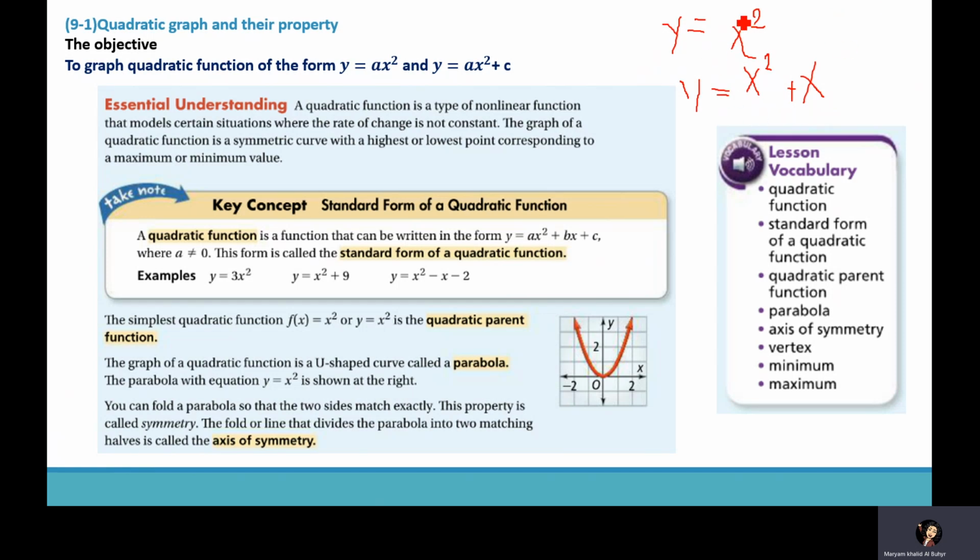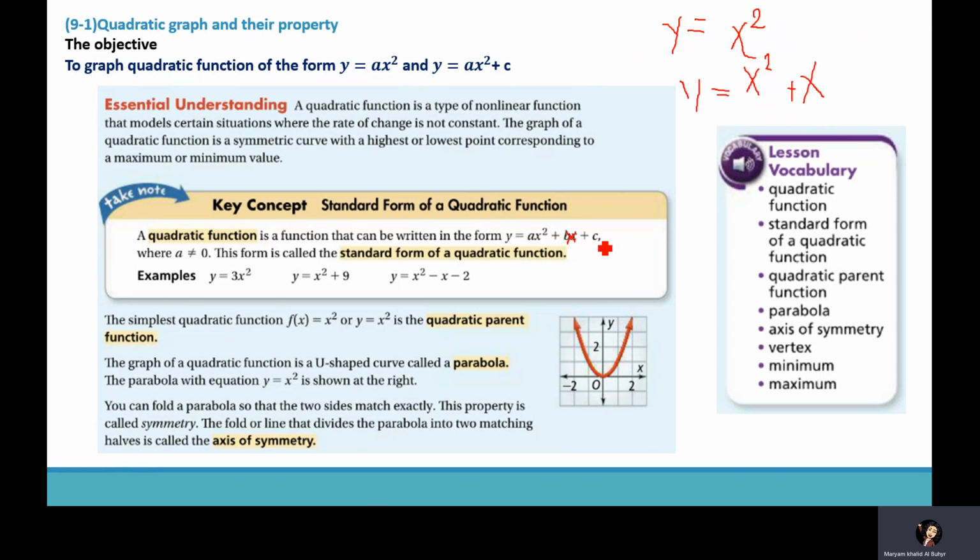So if we have any form and the greatest power in the form is 2, that means it's a quadratic function. Sometimes I don't have this term, or sometimes I have only this part, but this is the most important part that will make it a quadratic function.